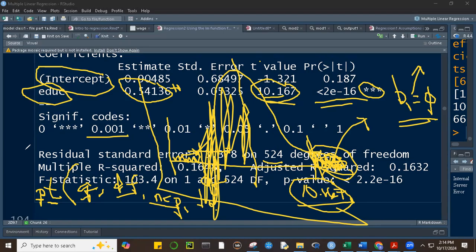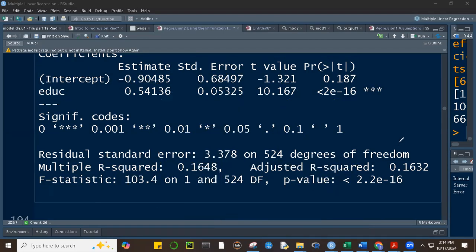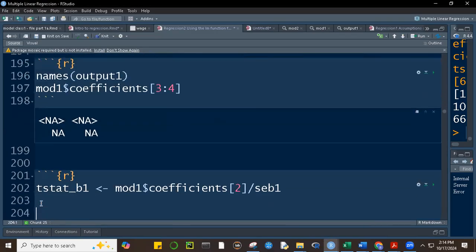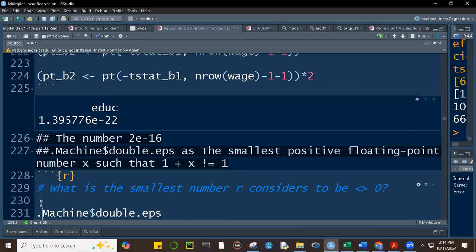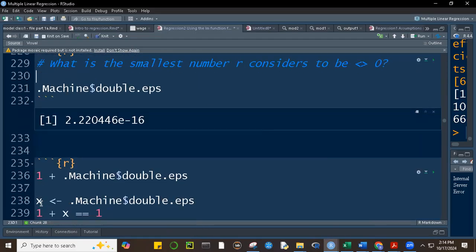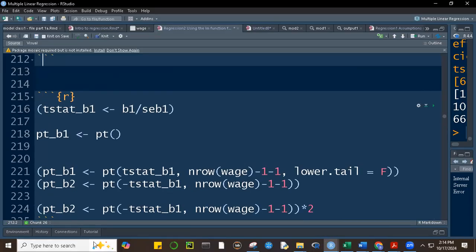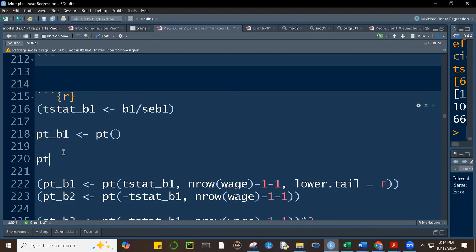Okay, so let me show that now. Let's take a look at, okay, where's our P? Okay, this one, class, right? Let's call it probability of B1, class.